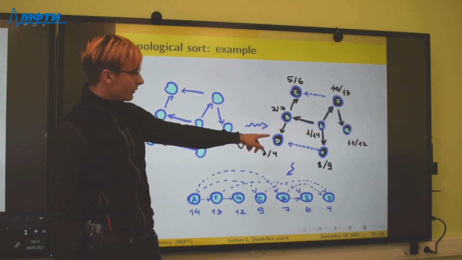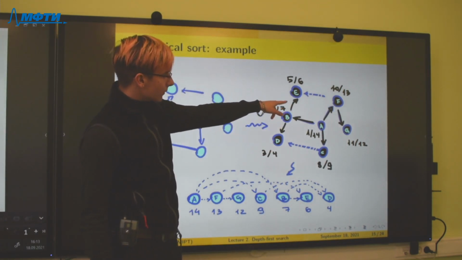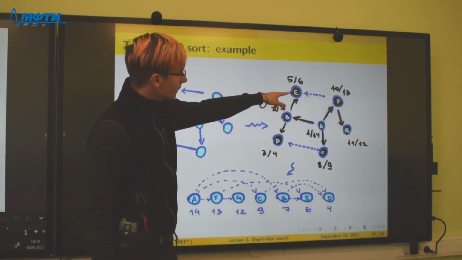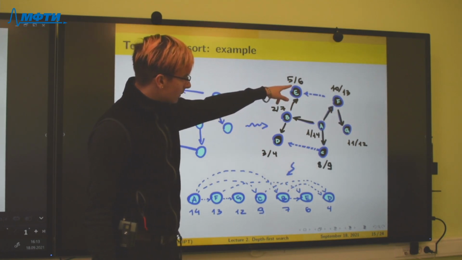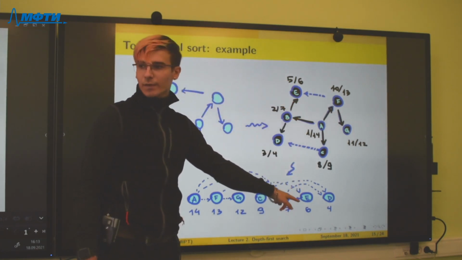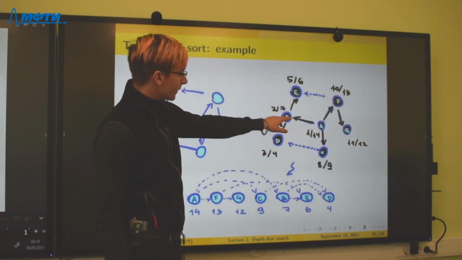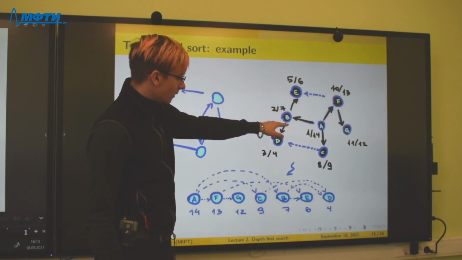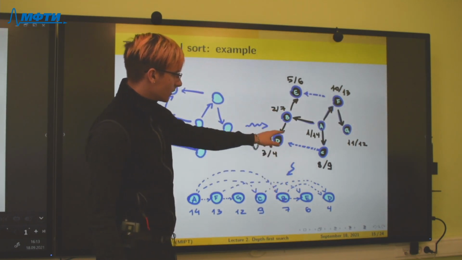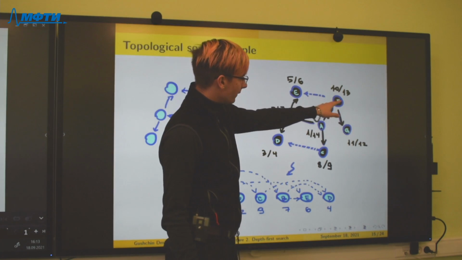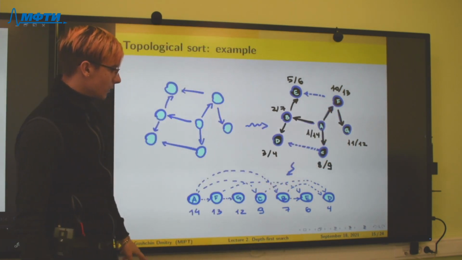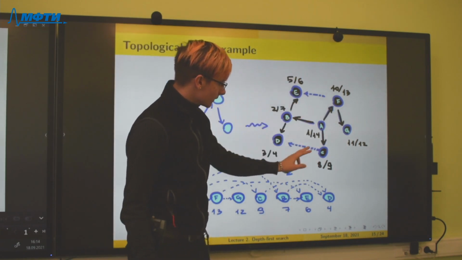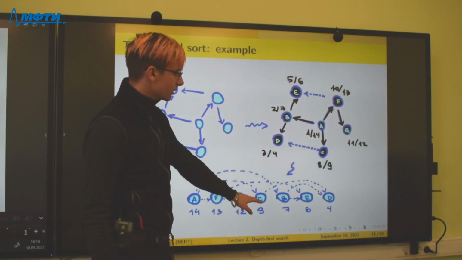So then we go to B, go to the adjacent vertex that is not explored, finish with it, and push it to the list. Then we go to F, go to G, and finish with G. No, we go to the C vertex and finish with it.